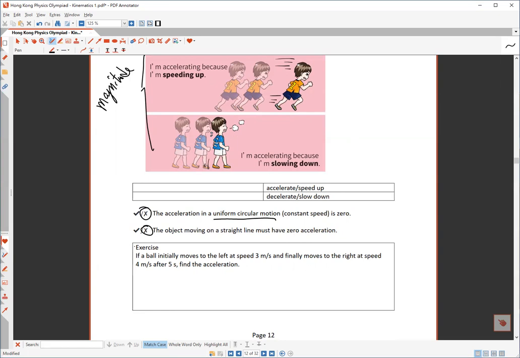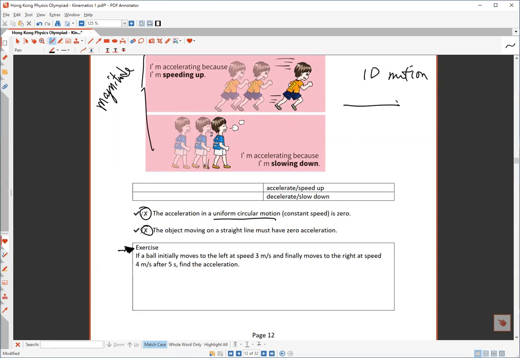Then let's have a look at this exercise. I think I haven't taught you in depth. So in terms of one dimension motion, we have learned the unit vector already.